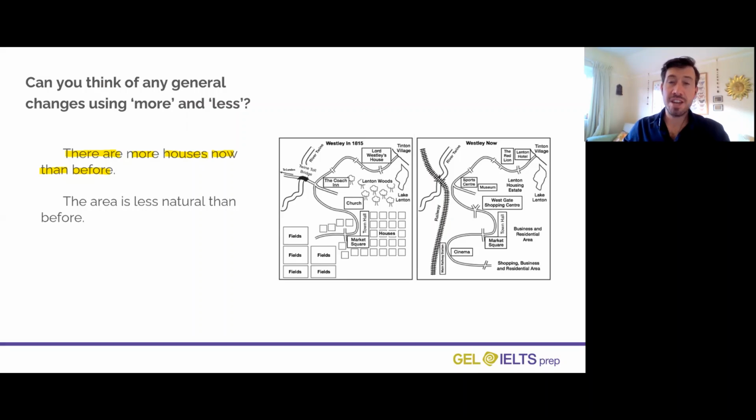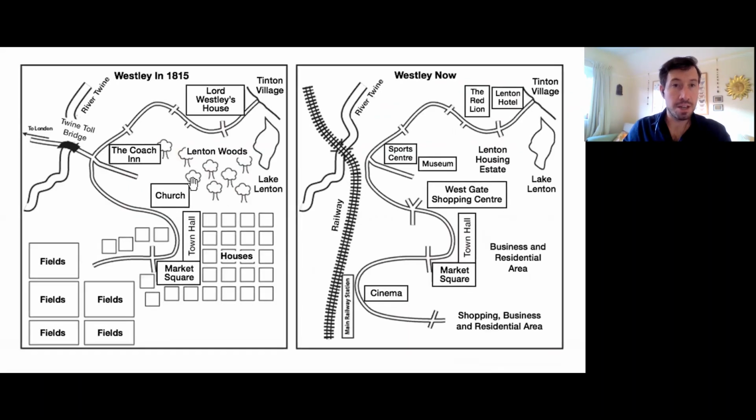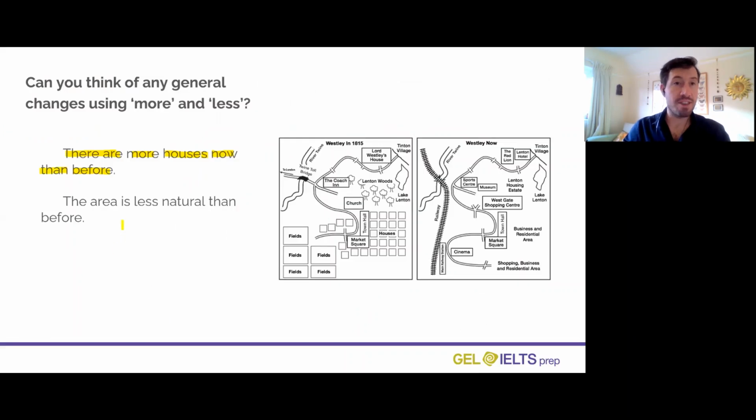Another could be the area is less natural than before. Let's just take a look at that to see that it's true. Well, here you had woods before and some fields, and now it's all housing and the fields have been removed as well. So we can say the area is less natural than before. Now this is using a comparative structure with an adjective.